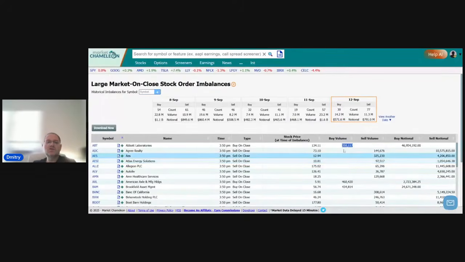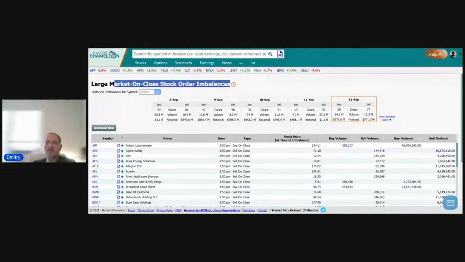Okay, so over here, when we have the large market on close imbalance, we could look in aggregate. And in aggregate, we see there are a total of 30 stocks last week, because we're not open, this is from Friday, 30 stocks that had a large market on close buy imbalance, 77 stocks sell imbalance.